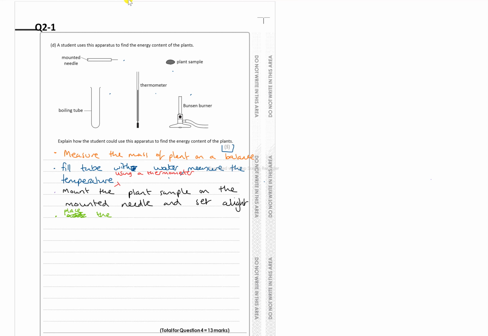Place the lit plant sample underneath the water and heat the water.